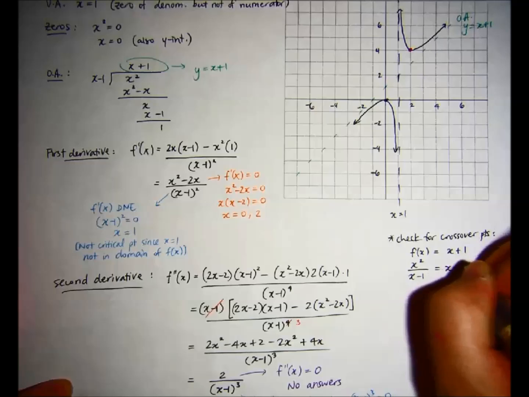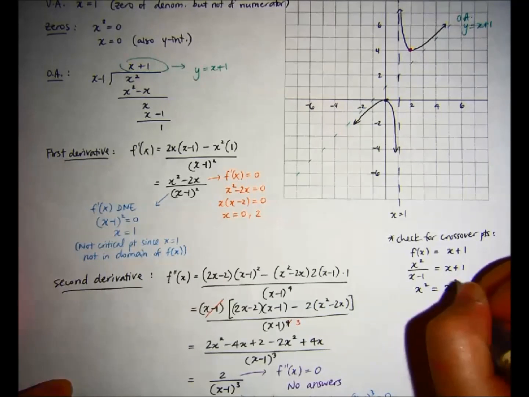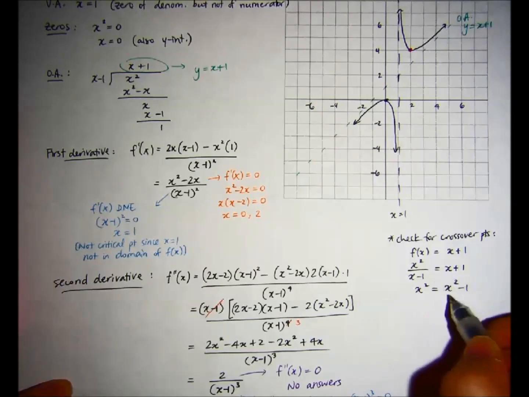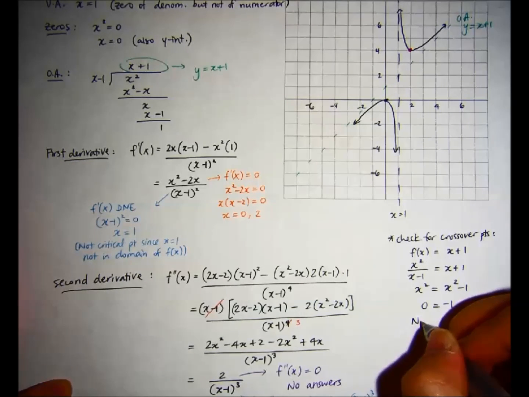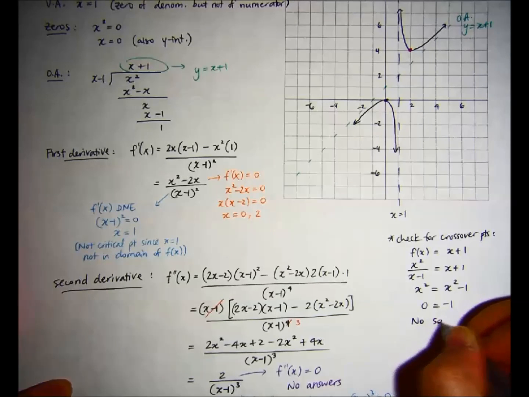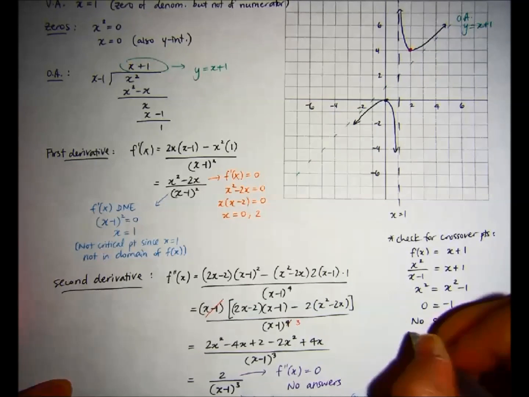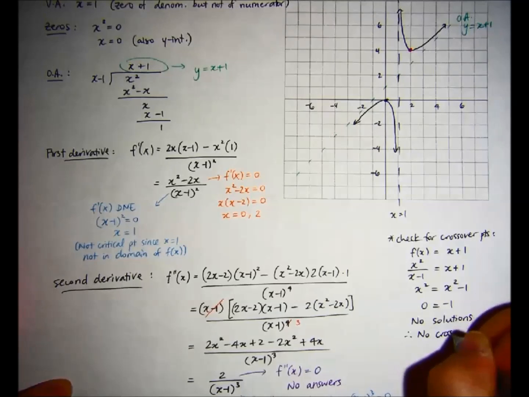So when you do that, though, you will quickly see when we cross multiply here, we get x squared minus 1. This is going to be 0 equals negative 1. This is impossible, right? So that means that there aren't going to be any crossover points.